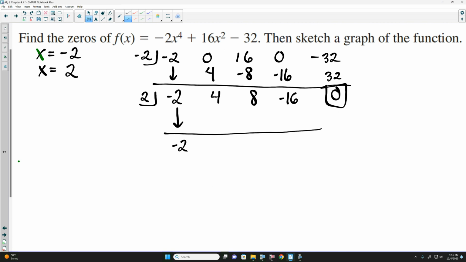Because negative 2 worked, now we're also going to try 2. 2 times negative 2 is negative 4. 4 plus negative 4 is 0. 2 times 0 is 0. 8 plus 0 is 8. 2 times 8 is 16, which does give us 0. Questions on this so far?